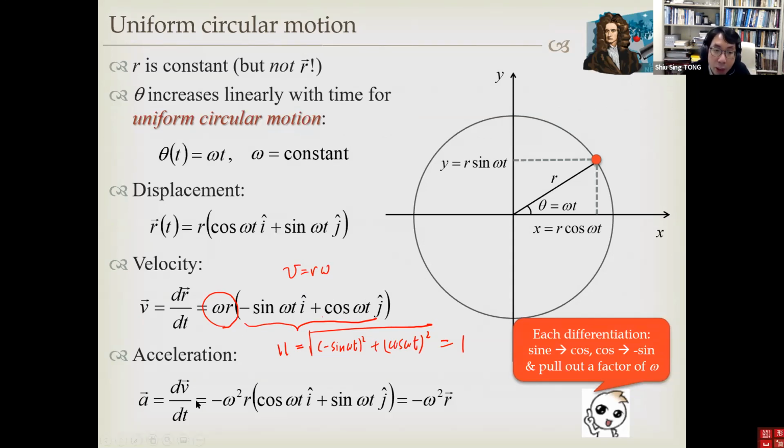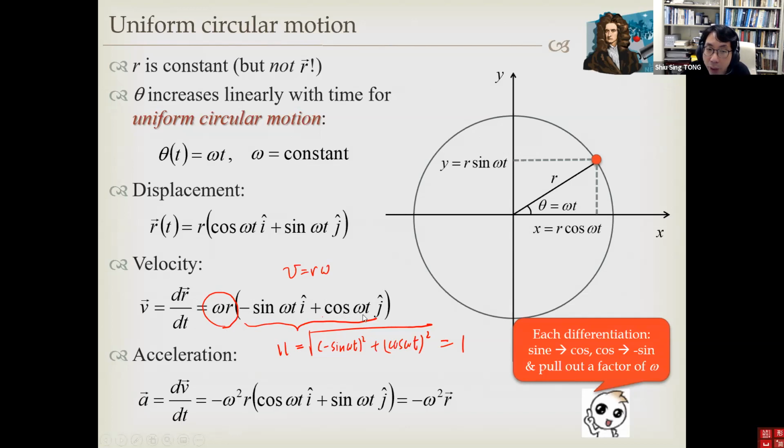And how about the acceleration? You differentiate the velocity once more, okay? Now you turn the sine into a cosine, and you get an additional factor of omega. So you already have one omega and you now got another omega. So you got omega squared. And you can pull the minus sign out.